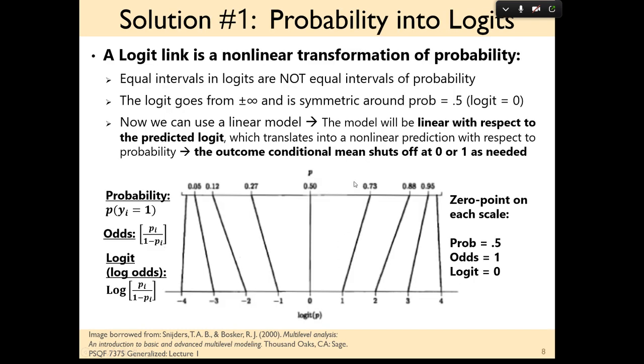So here's a plot that I like that illustrates the fact that this is a nonlinear transformation of probability. On the top is probability. The mapping of distances in probability to distances in logits, logits is on the bottom. So if I go from a logit of 0 to 1, that's a bigger shift in probability, from 0.5 to 0.73, than if I go from a logit of 1 to 2, which is 0.73 to 0.88, than if I go from 2 to 3, and so on.